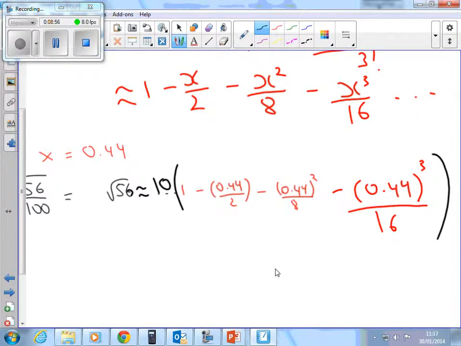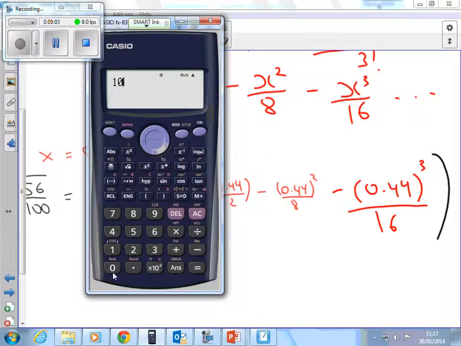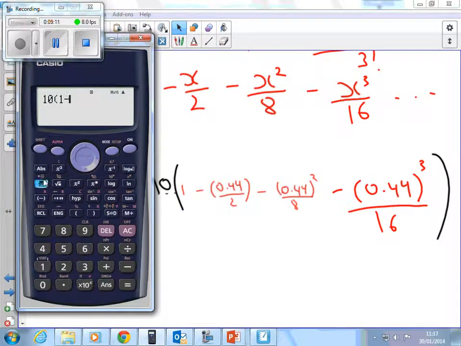Okay, let's just try that on our calculator. 10 bracket 1 minus 0.44 over 2 minus 0.44 squared over 8 minus 0.44 cubed over 16, close bracket.